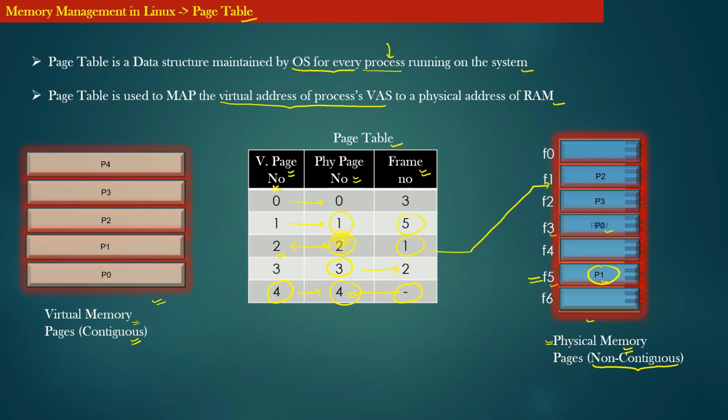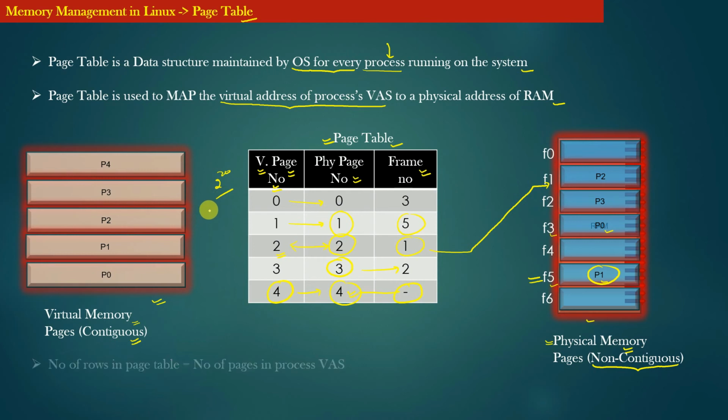Now, I ask you one question. What is the number of rows in the page table? The number of rows in the page table must be equal to the number of pages in the virtual memory of a process. The number of virtual pages in a process's virtual address space is 2 raised to the power 20.